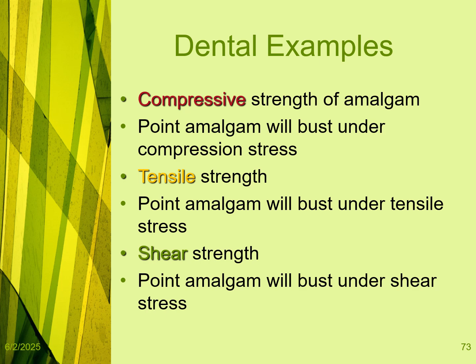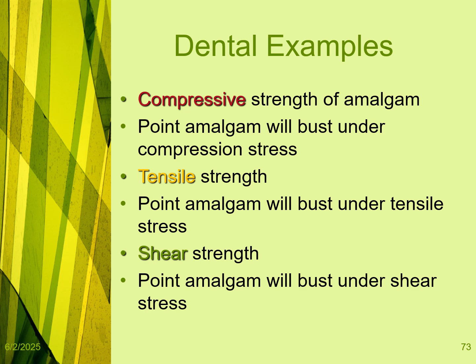I think of malleability like clay, or something like Play-Doh that I can put in my hand that's malleable. But there is some malleability to amalgam that allows it to absorb when you have compression. But there is a point where it will bust under the compression stress.